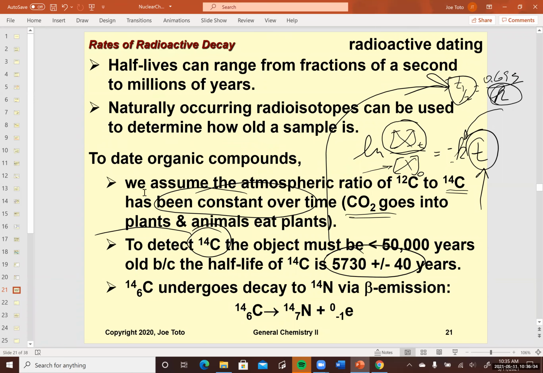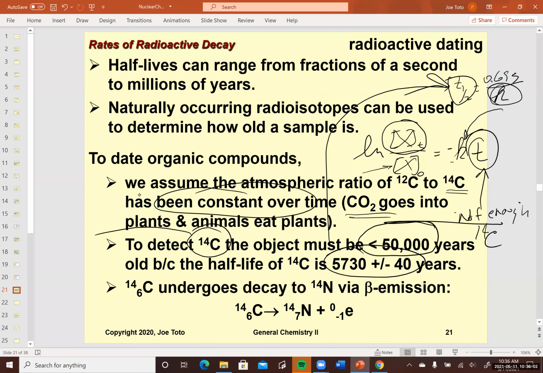Now that'll work to a limit because every time it goes through a half-life, you're cutting the amount of carbon-14 in half. And then, time goes on, and there's just not enough. After 50,000 years, there's not enough carbon-14 to detect.